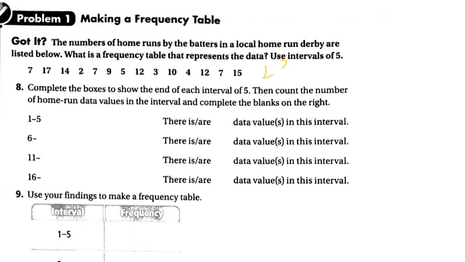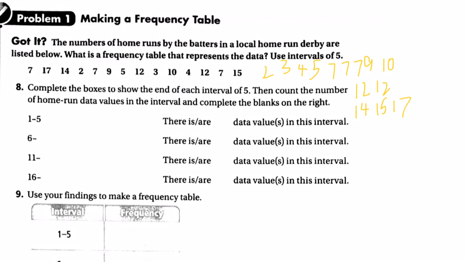So 2, 3, 4, 5, 7, 7, 7, 9, 10, 12, 12, 14, 15, 17. So now they're listed from smallest to largest.